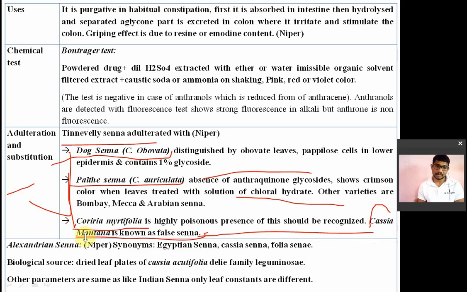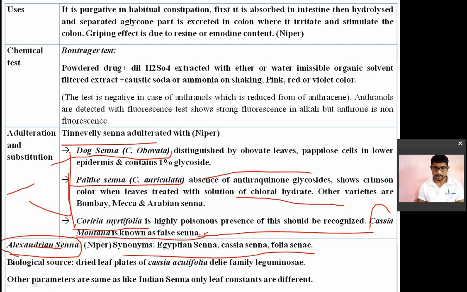Now allied drugs, that is, drugs similar to our original drug. That is nothing but the Alexandrian Senna. Cassia Senna is the original, and similar to it is the Alexandrian Senna. The synonyms are Folia Senna, Cassia Senna, Egyptian Senna.